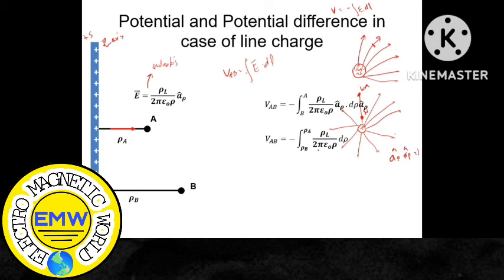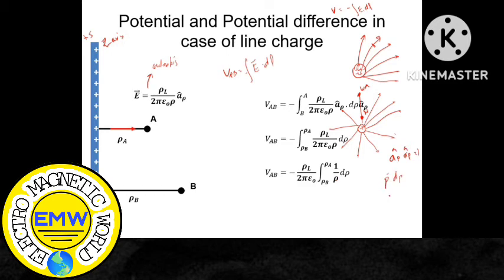Now I can easily make the integration, because the integration is with respect to rho. The constant may be shifted to the other side, so rho L is constant, divided by 2 pi epsilon. The limit is from rho B to rho A, of 1 over rho d rho.